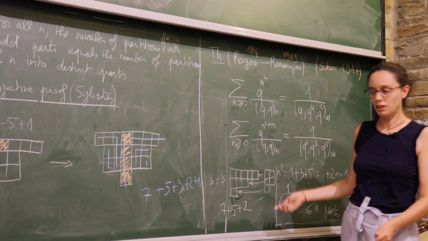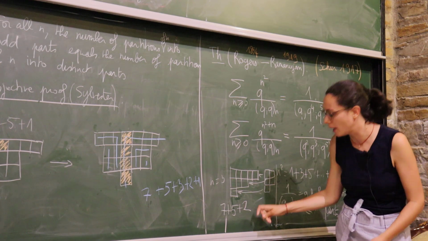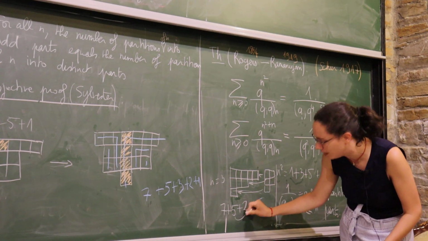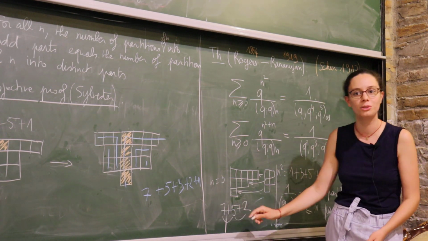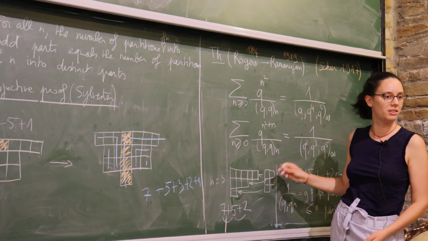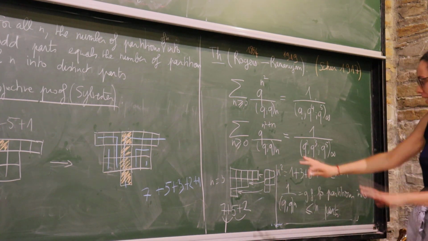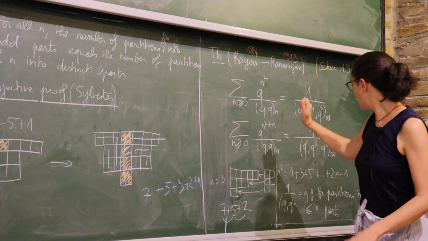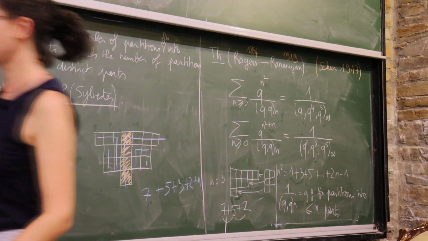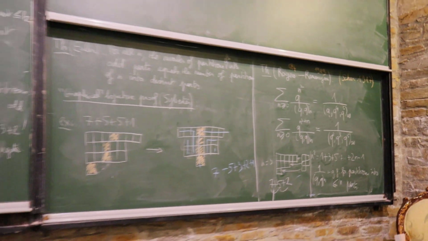So maybe you will have some gaps which are bigger than 2, like here, or you will have some gaps which are equal to 2 if there were 2 consecutive parts that are equal, but you will have always at least 2. Okay, so I will write the partition version of the theorem on that blackboard.